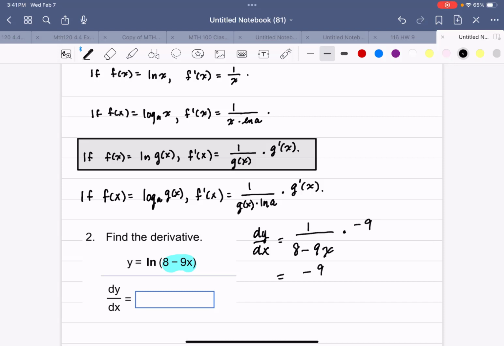So we're going to write negative 9 over 8 minus 9x. Now be careful. We cannot reduce this 9 with this 9. Okay, you can only reduce when everything is multiplication. Okay, and we got a subtraction, so no reducing is possible. So it's negative 9 over 8 minus 9x.